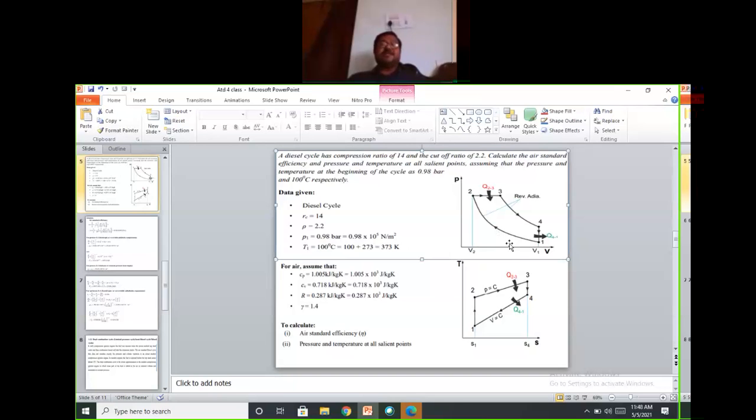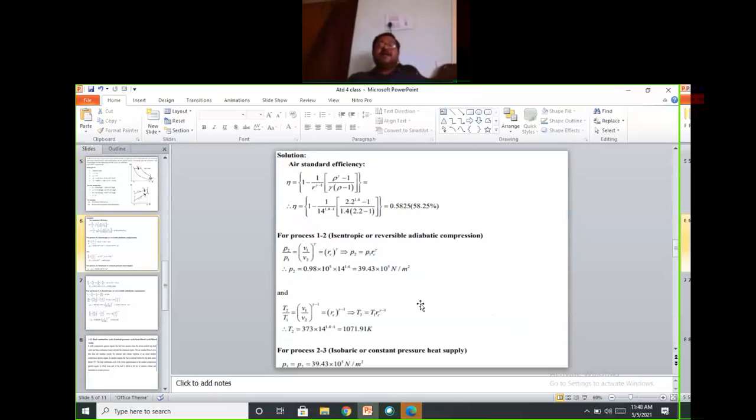This carries 2 marks. After that, you write the given data and the assumptions needed to calculate the air standard efficiency and the pressure and temperature of all the salient points. Thermal efficiency you can calculate using gamma 1.4 and compression ratio 14. Cutoff ratio 2.2 is given. If you calculate directly, because the compression ratio, cutoff ratio, and gamma are all given, you'll get it.